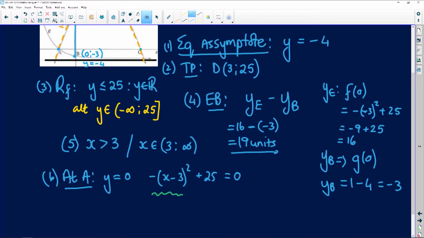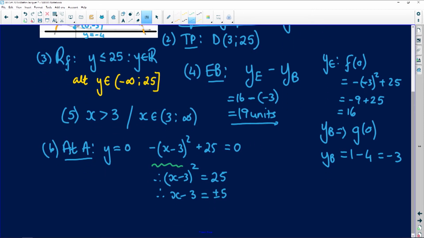Throw the 25 over and take the square root both sides. Okay, so let's do that. I'm going to remove the negative, so I'm going to throw that over the equal sign. So I get x minus 3 all squared, it went positive, is equal to positive 25. Take the square root both sides, x minus 3 is plus or minus 5.